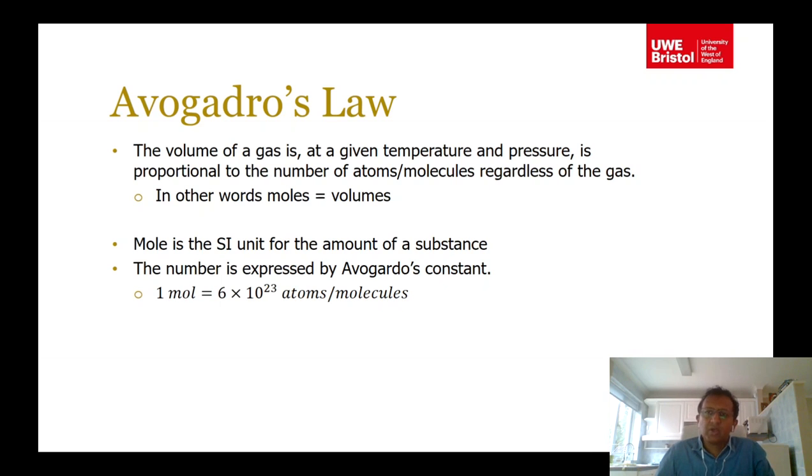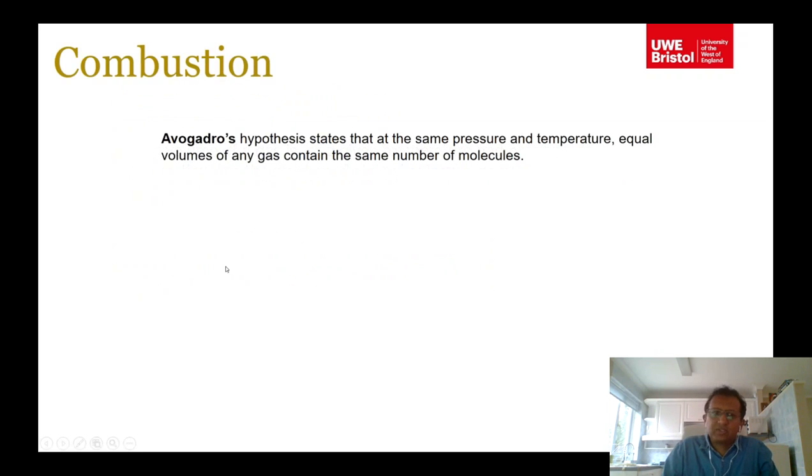That means the volume of 1 kilomole of hydrogen is equal to the volume of 1 kilomole of H2O, or 1 kilomole of CH4, or CO2, or CO. And he defined the number of atoms or molecules in 1 mole. That would be 6 times 10 to the power 23, which is called Avogadro's number.